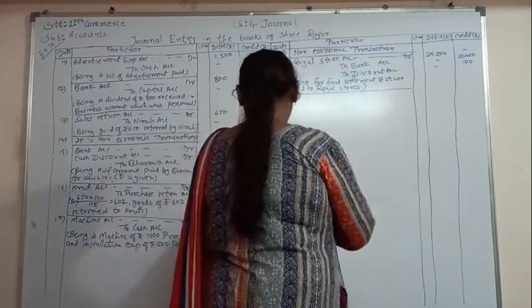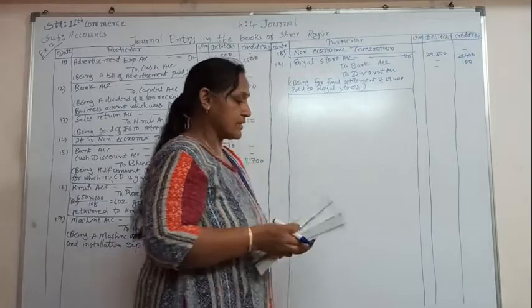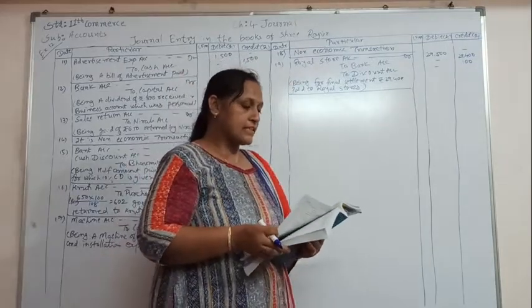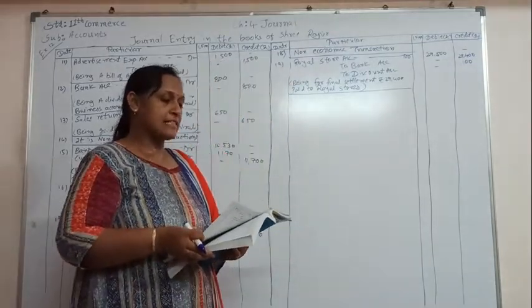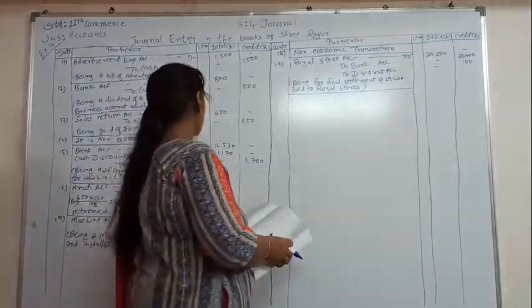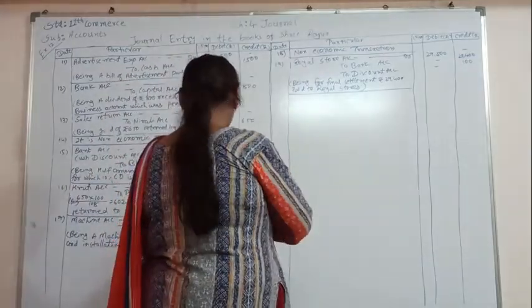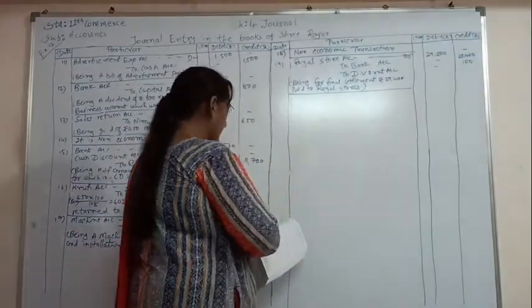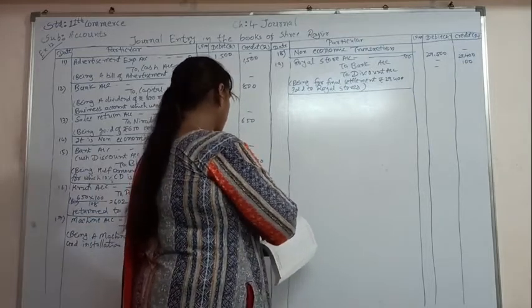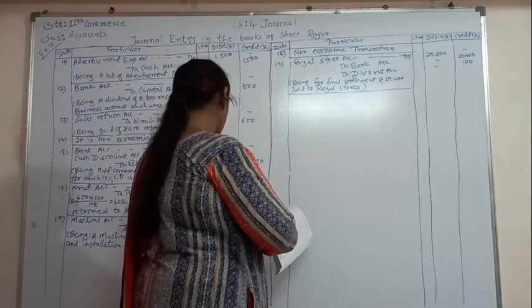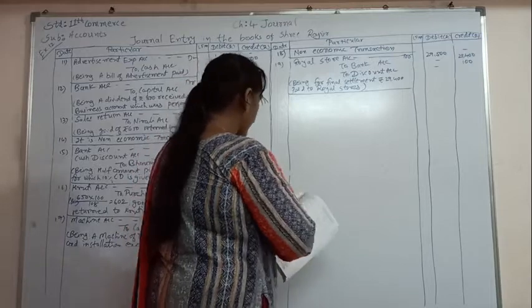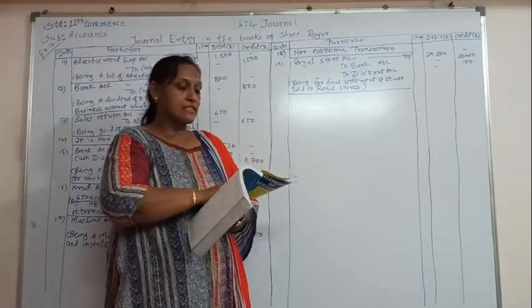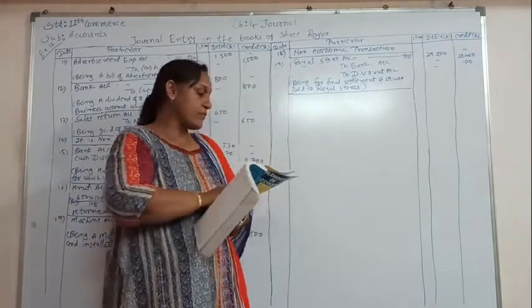And now let's see the next transaction. Nirali deducted allowance rupees 50 and settled the account. So here we have sold the goods to Nirali, and for that she has also settled her account. For Nirali we have to take from her rupees 7,450.